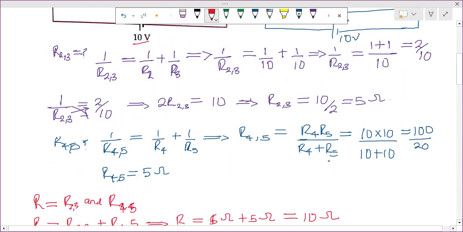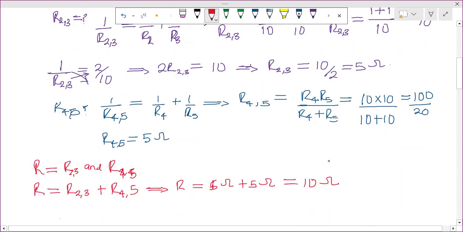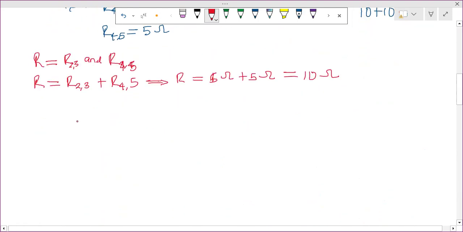Are we clear? So in that case, our circuit will now look like this. The whole of this becomes R, which has a value of 10 ohms. And there's another upper one, which is our R1 with a value of 5 ohms.